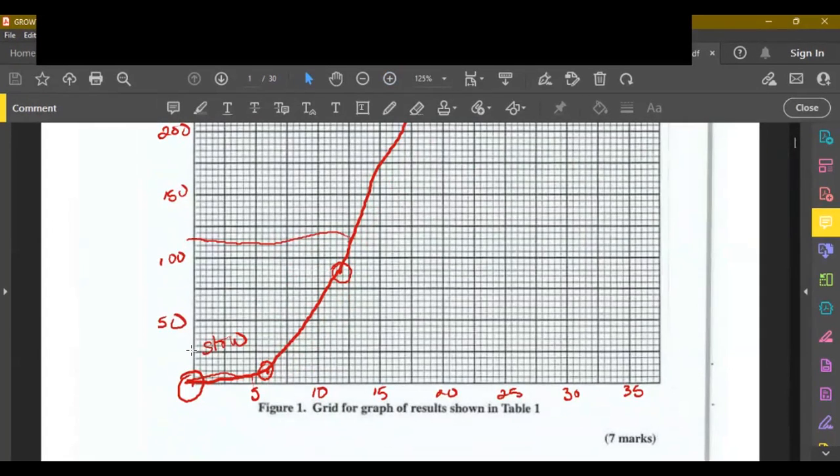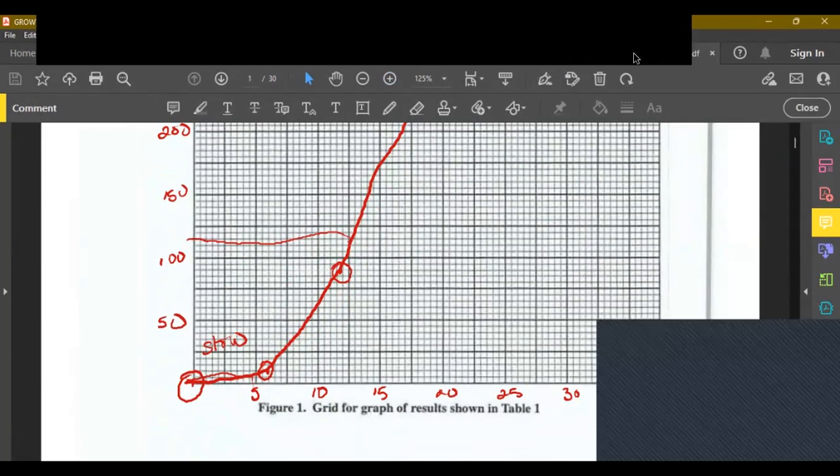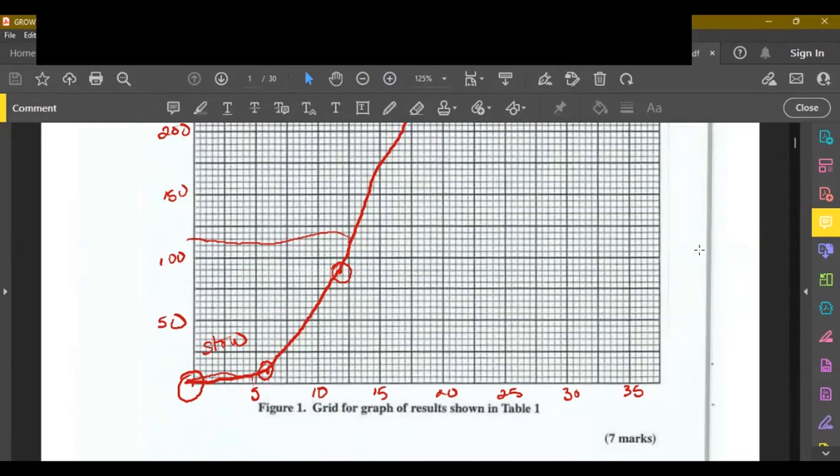So here will be 25, so 25 divided by 4, that will be what? 12.5, thereabouts. Miss, how did you get 24? Miss, it will be 10 around. Around 10.